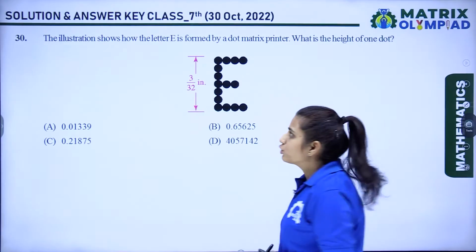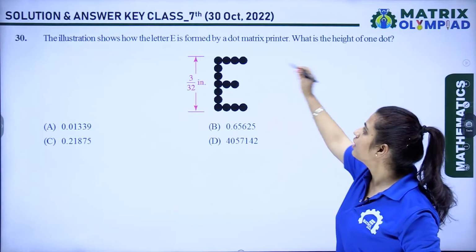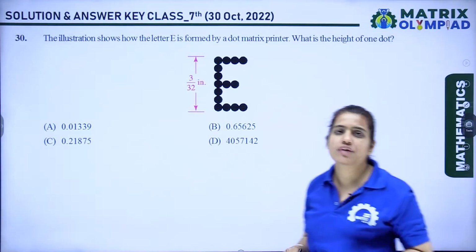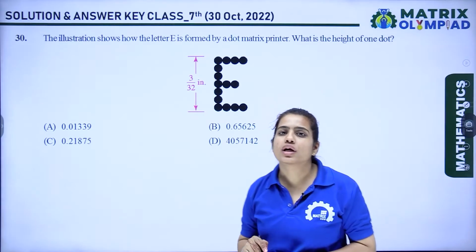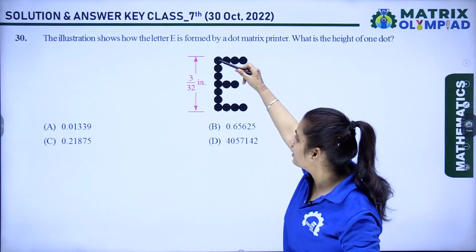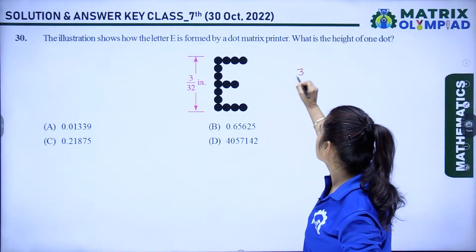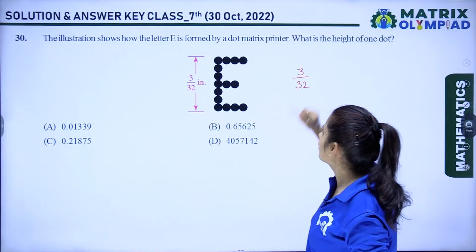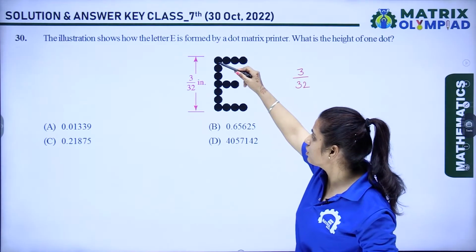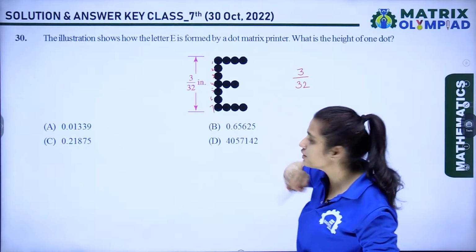Now let's solve the next question. The illustration shows how the letter E is formed by a dot matrix printer. What is the height of one dot? We have to find out the height of one dot. Let's take the height of this line, that is 3 upon 32 inches. Now this line consists of 7 dots: 1, 2, 3, 4, 5, 6 and 7.